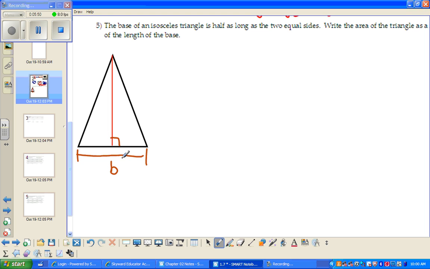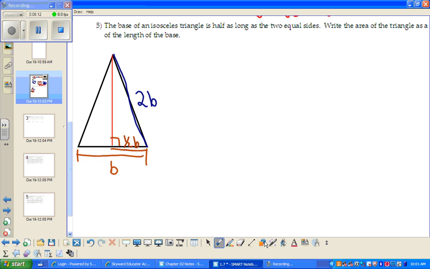So I know that this portion then would be half of B, and the base of the isosceles triangle is half as long as the two equal sides. Well, that means that this side over here would be 2B.